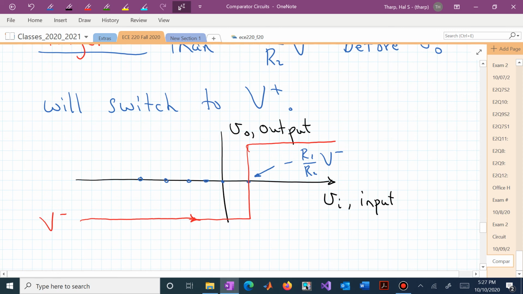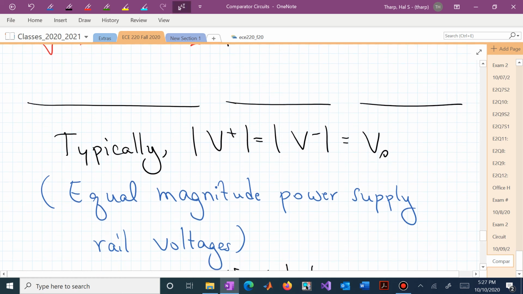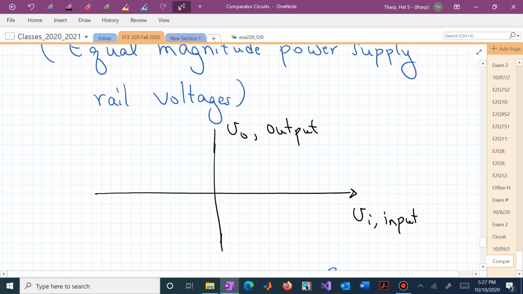If we combine those, let's say that we now just confine our attention to the condition where the magnitudes of our power supply rails are the same, and we just call that value V sub s, we can draw a little bit cleaner picture of this when we combine both of those previous pictures.